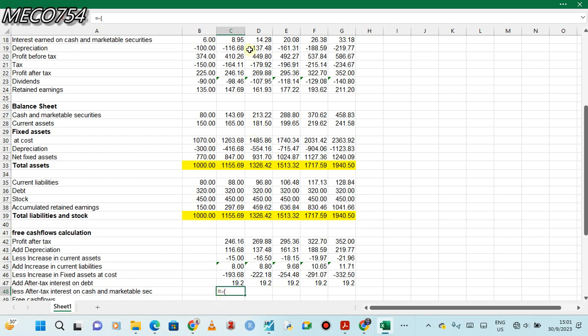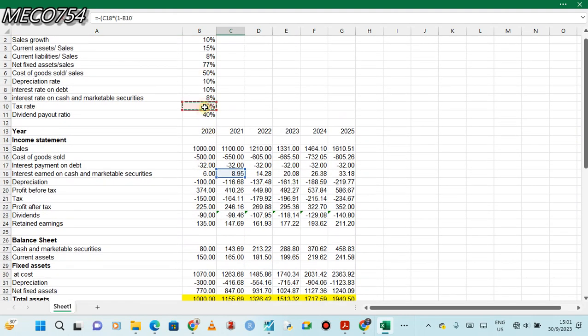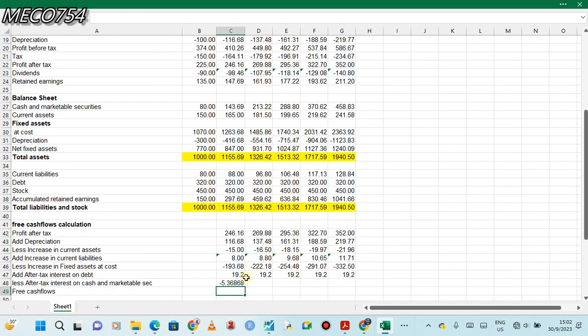Then bracket, same procedure, 8.95, multiplied by bracket 1 minus the tax rate of 40%. Let's also lock that tax rate by putting our dollar signs. Okay, now that makes sense. Copy the formula.